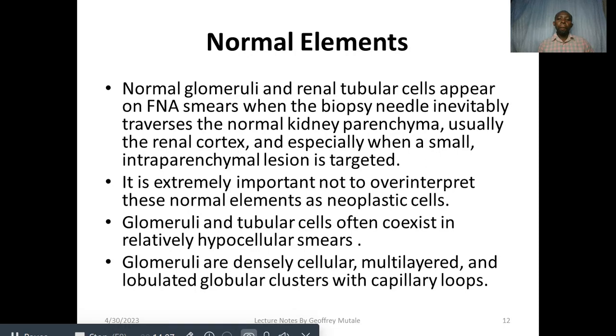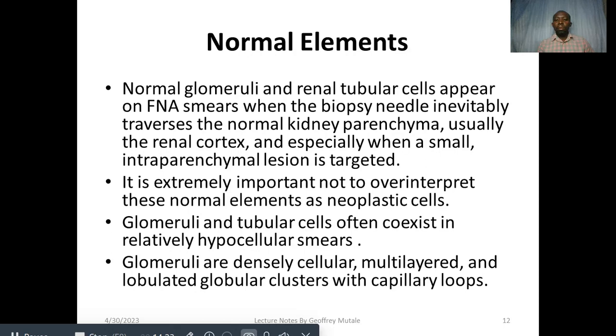So it is extremely important not to overinterpret these normal elements as neoplastic, though sometimes they may present with some cell reactions and moderate atypia, which may mimic malignancies.